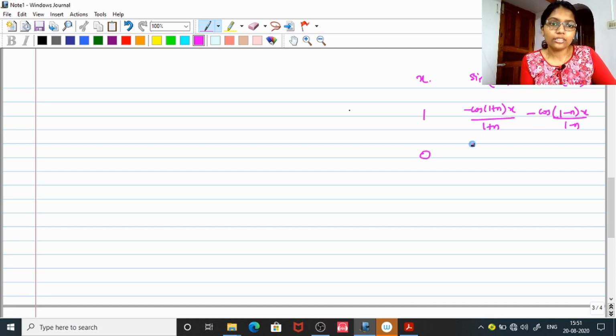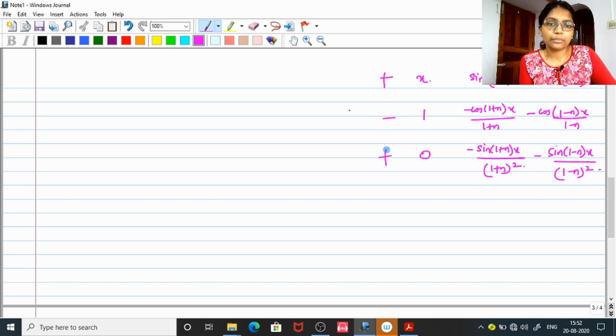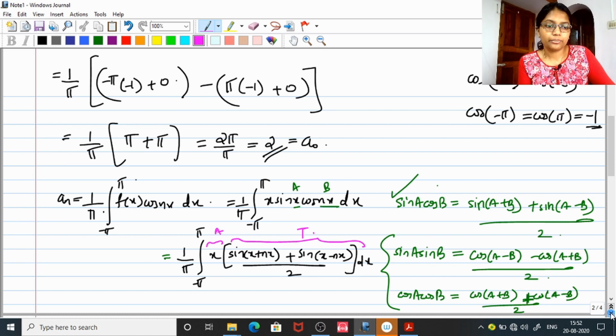The integral of cos is sine, so negative of the integral of cos is simply sine: sin of (1 plus n) x divided by (1 plus n) whole square, minus, again the integral of cos is simply sine, divided by (1 minus n) whole square. Okay. Now please put the signs plus, minus, plus. Go along the arrows. There you have your integration.